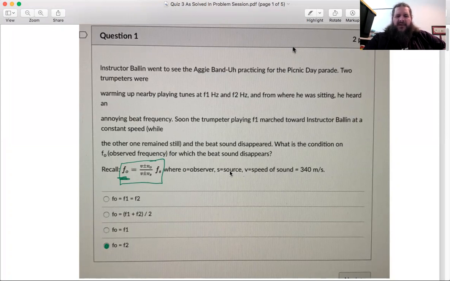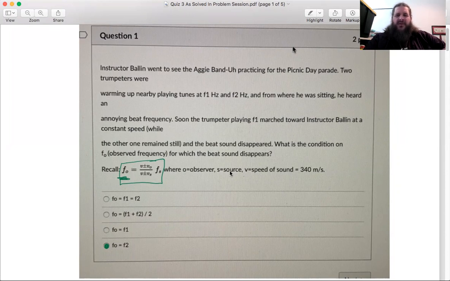But what does that tell you about the two frequencies you're hearing? You would hear beats in the first place because the two trumpets are out of tune. They're providing different frequencies.